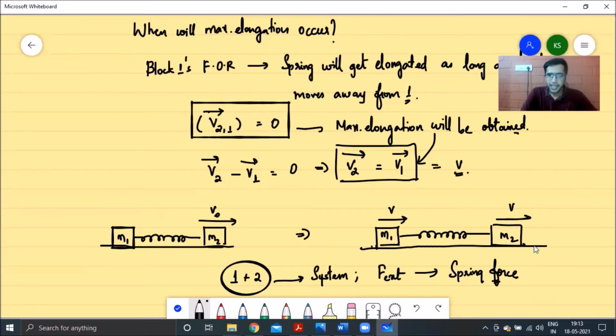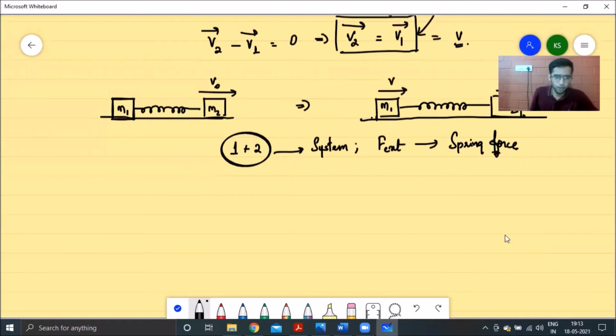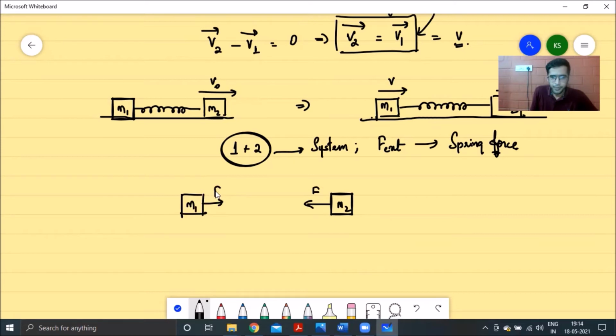Let me redraw the diagram over here. If the spring exerts a force F on block 2, it will exert the same force on block 1, but in the opposite direction. If your spring is pulling block 2 towards left, the spring is also pulling block 1 towards right. And the force exerted by the spring will be equal to kx, ignoring this negative sign, which just implies direction, where x is the elongation over here. And the elongation is common for both of them.